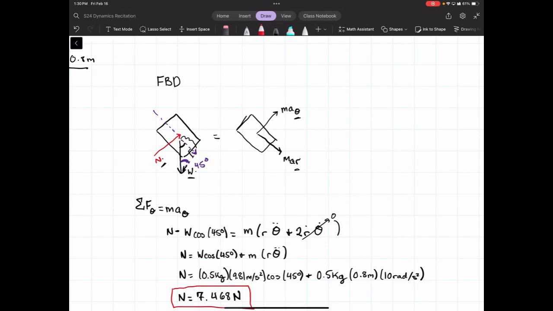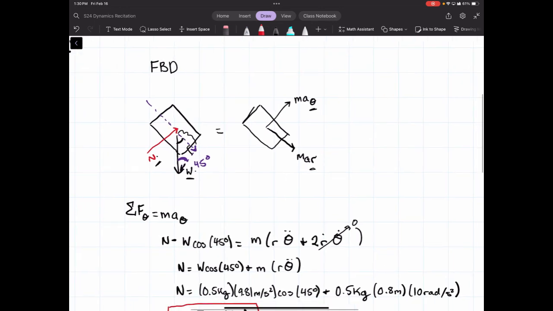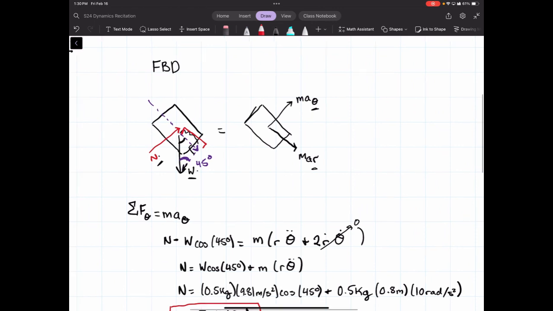So because this component of the weight is going in the positive r direction, because we've established our coordinate system as such for this case, the weight and the acceleration due to gravity are going to be positive in this case.